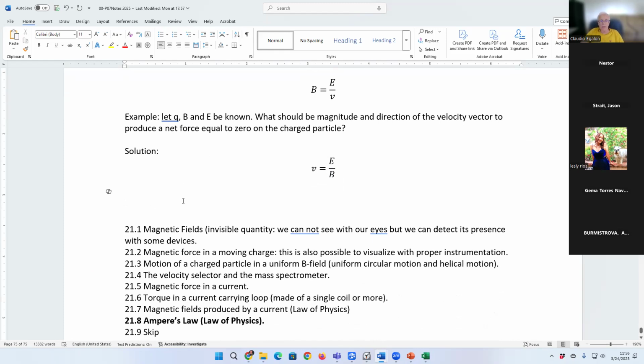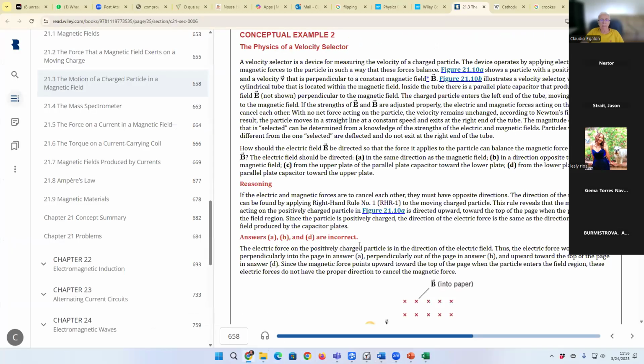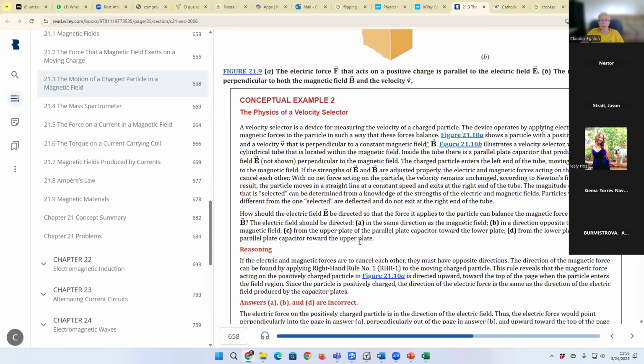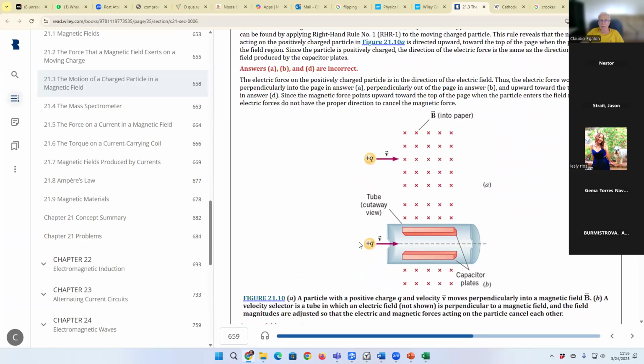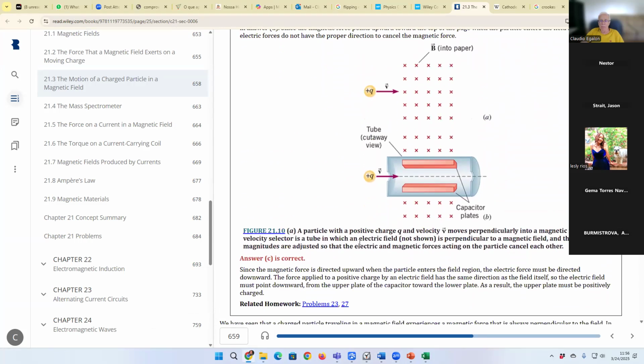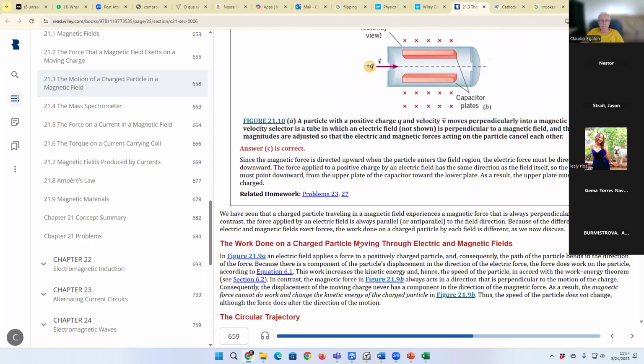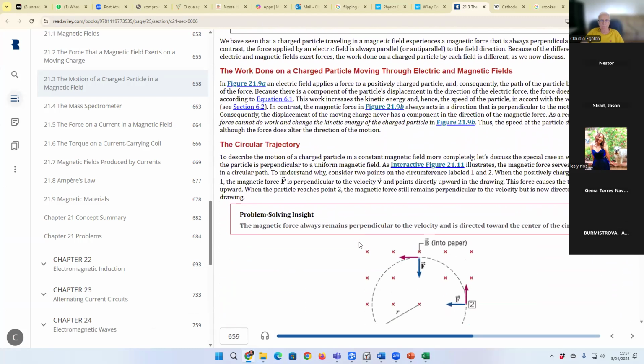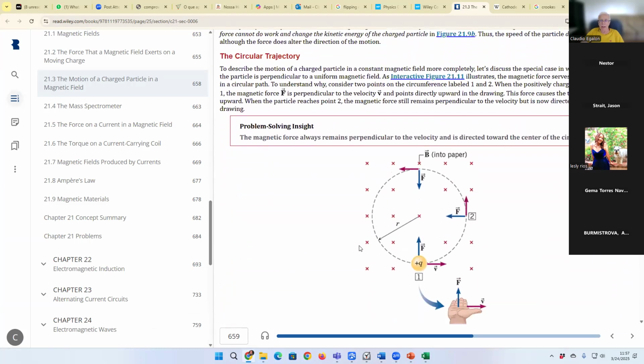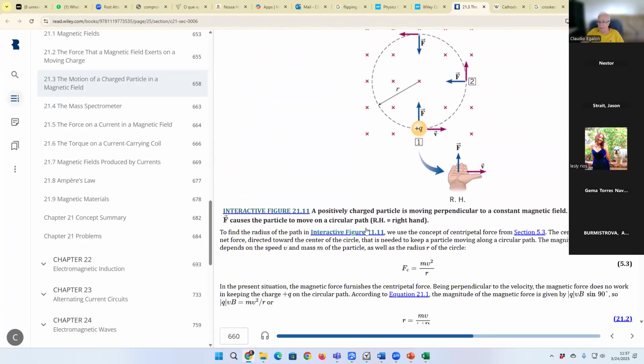And here you go, velocity selector, and then we have to start talking about the mass spectrometer. Velocity selector, okay. We did that circular trajectory, we did that.